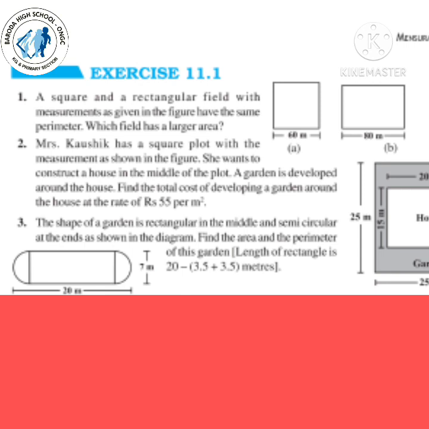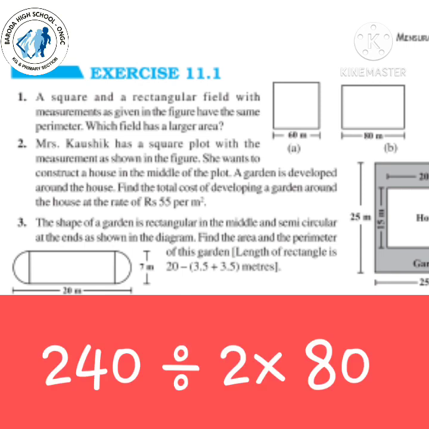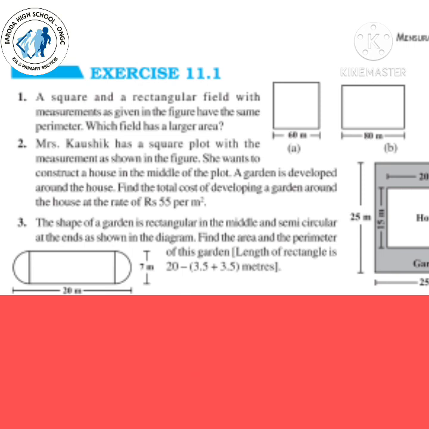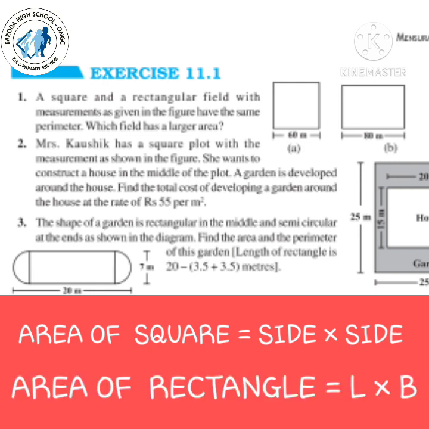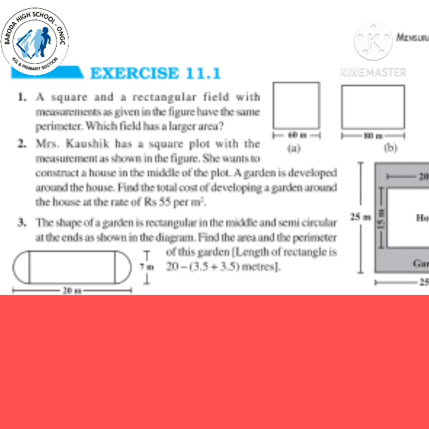So 240 upon 2 minus 80. When you solve this, you will get the breadth. Now you have all the measurements. You can easily find the area of the square and the area of the rectangle by using the formulae.